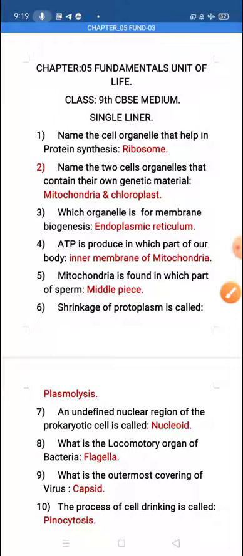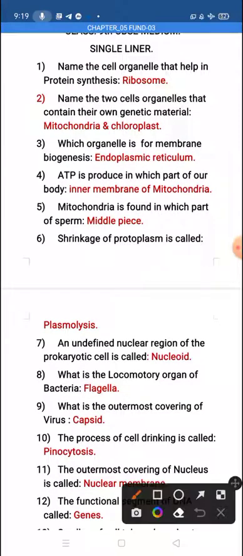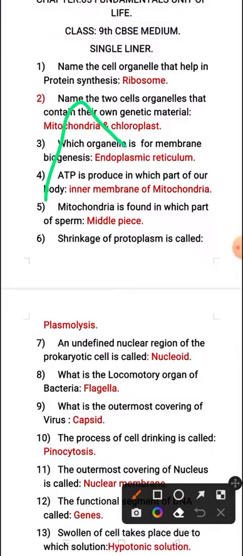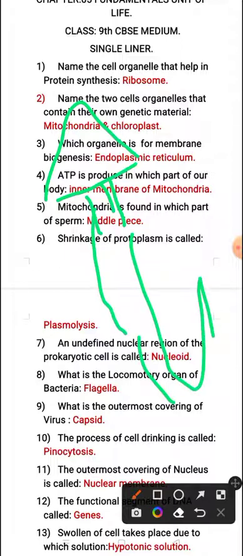Suppose this is the structure of a sperm. This is the head, and this is the tail. The acrosome is on the head region, and here is the elongated nucleus.